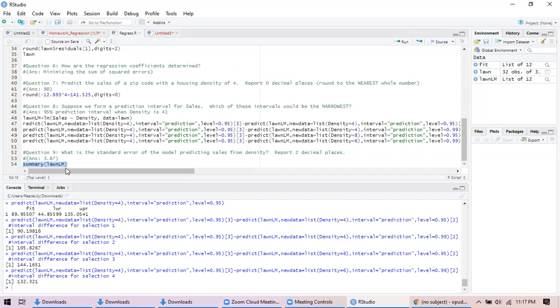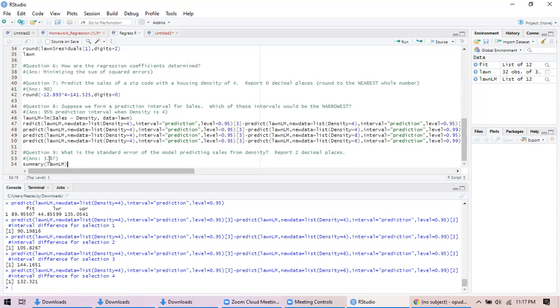I'm assuming you ran this one. When you do that, it tells you the standard error of the model. Try going back to question 9, I think there's more to it. Okay, that is how I got it.